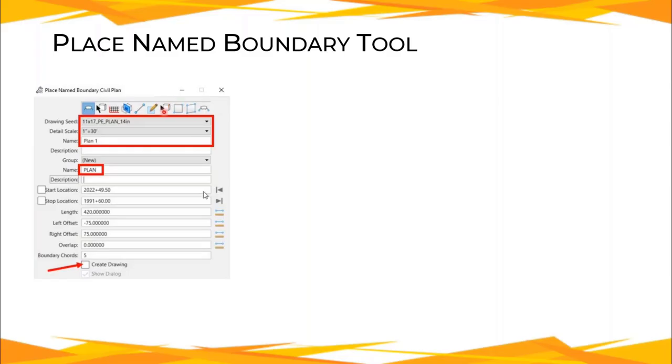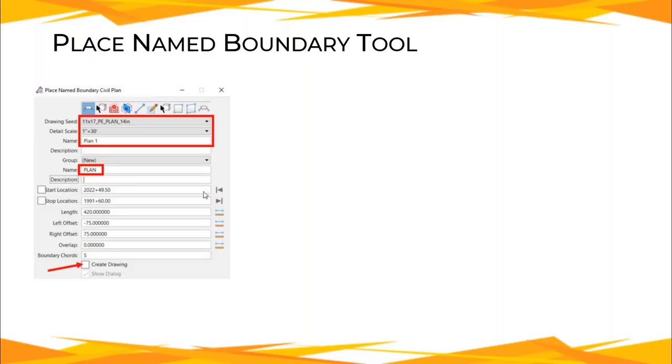So all these are going to be for this normal 2D plan sheet production. You can use these ones over here. But starting with this little line here and moving over, these are going to be all of the civil name boundary tools. So this first one here is going to be your civil plan name boundary tool.